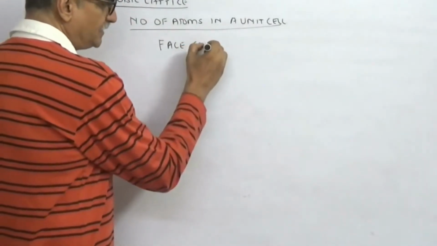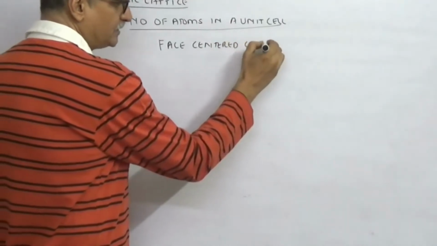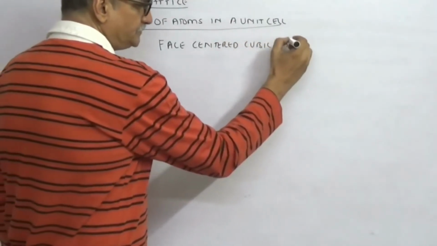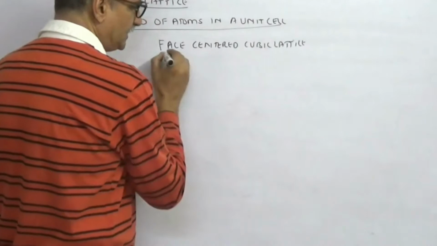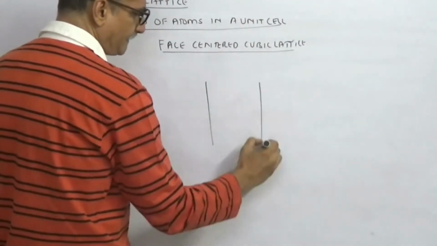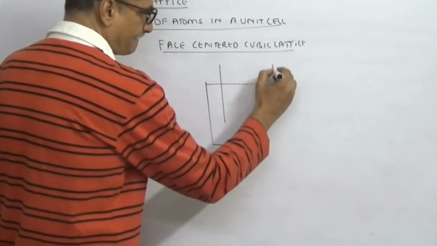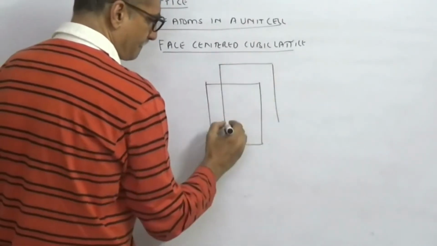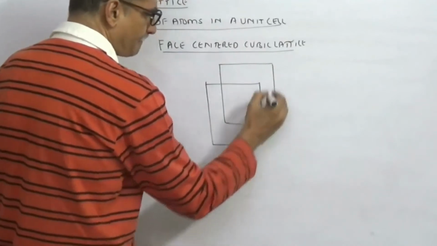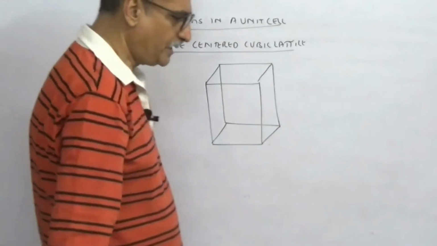Face centered cubic lattice. So what happens in case of a face centered cubic lattice? Where are the atoms present?